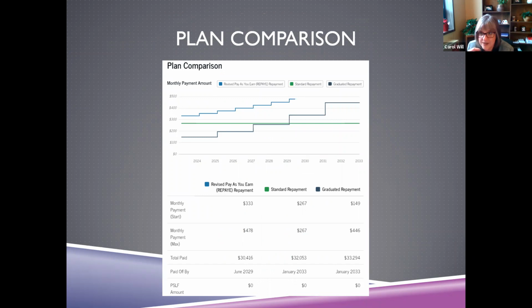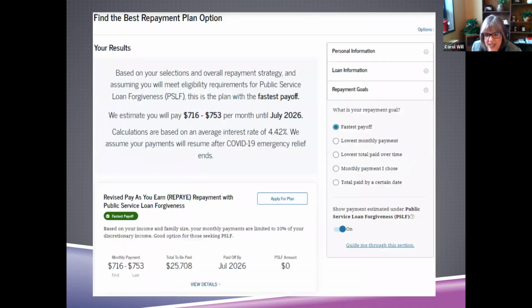This compares the revised pay-as-you-earn, standard repayment, and graduated repayment plans side by side. The loan amount that I used to generate this example was the $27,000 as you review this comparison sheet. This example shows that the student has a repayment goal with the fastest payoff.